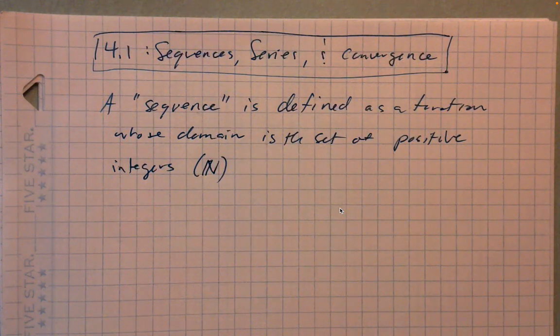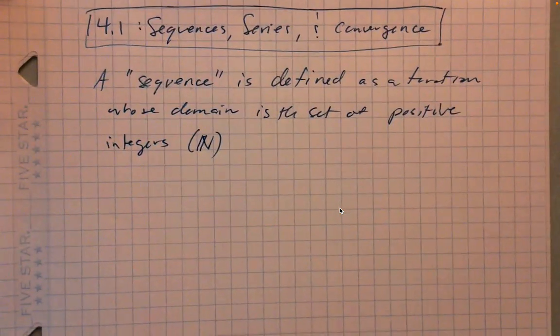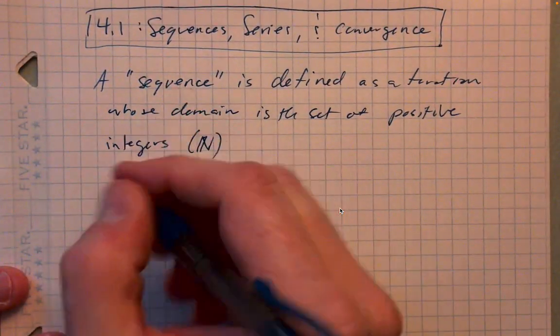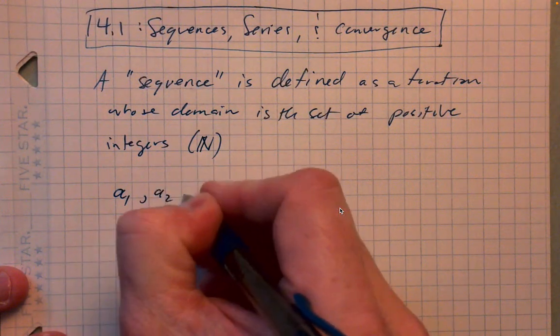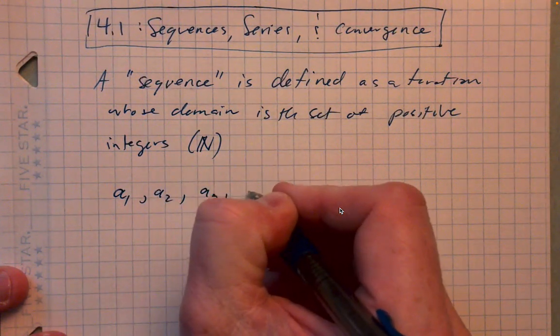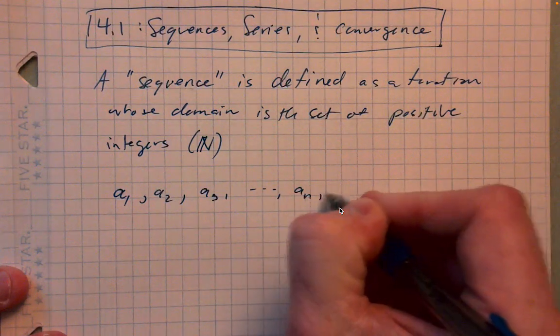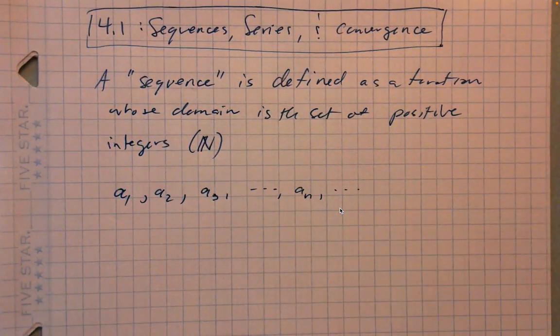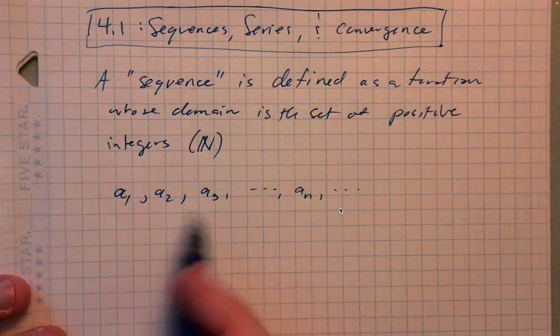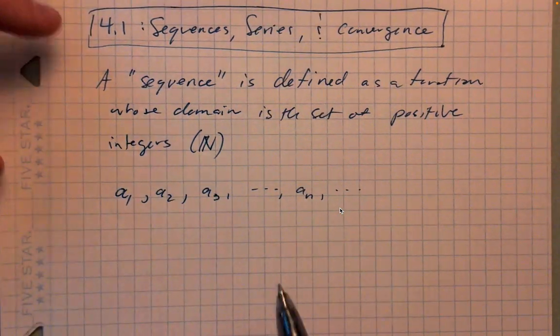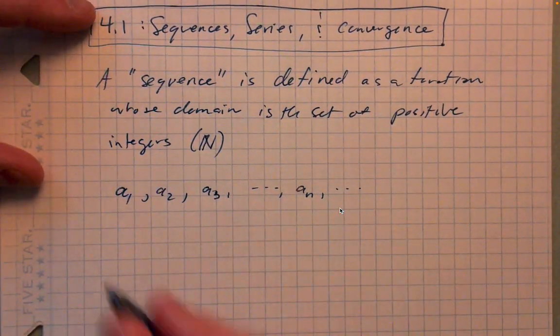If you're talking about just a generic sequence, it's common to represent it as a1, a2, a3, dot dot dot, an somewhere, dot dot dot, and so on. So this is a common way to represent a generic sequence. Here's a specific example of a sequence.